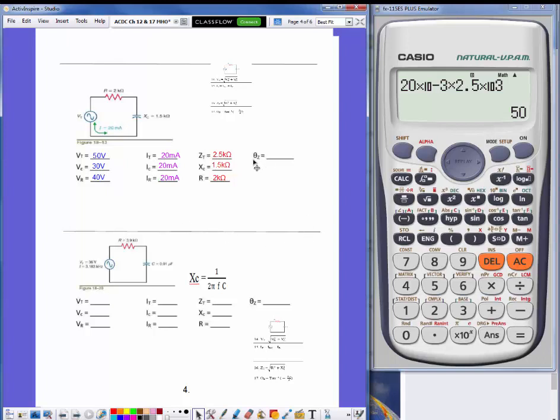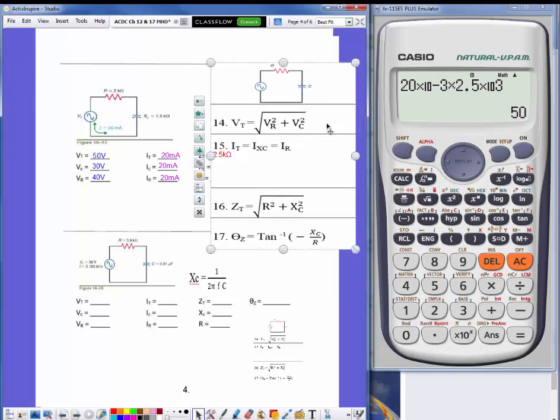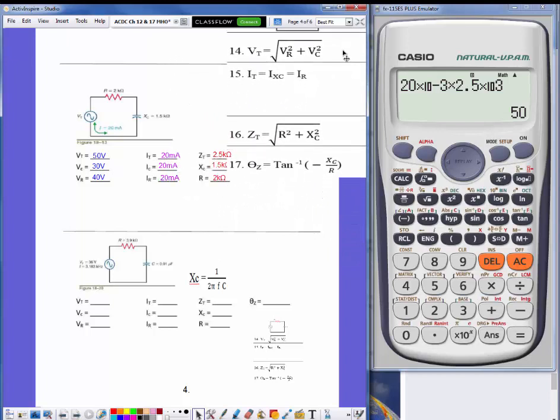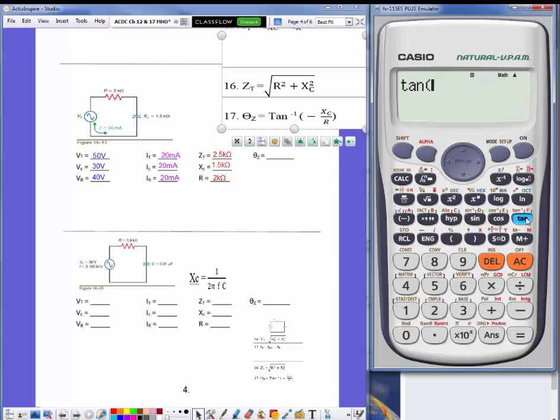The last thing we're going to calculate is this little theta Z. In order to find theta Z, we will use formula number 17. And we see right here that what we have to do is inverse tangent. So tangent is right here, but we have to do inverse tangent, which is above it.